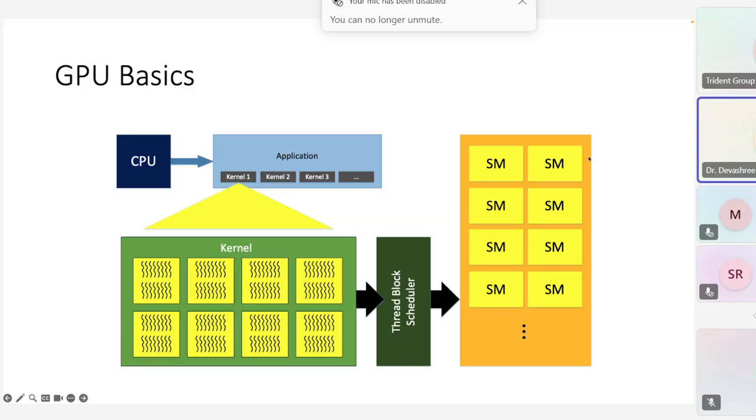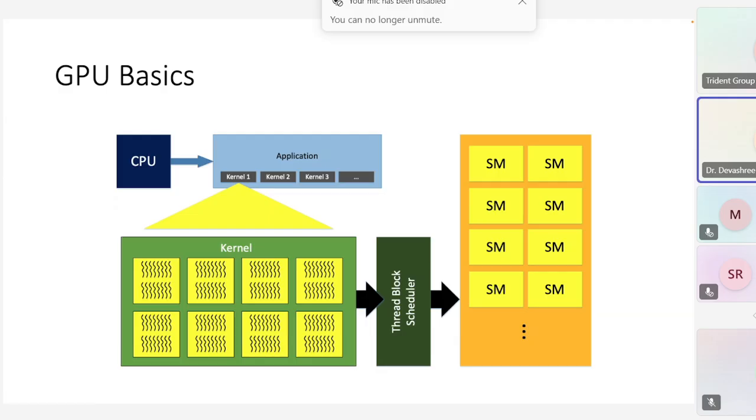And these boxes where SM is written stand for streaming multiprocessors. So we have thousands of multiprocessors within the GPU, and the thread block scheduler is going to take one of the thread blocks from the kernel and map it to different SMs.